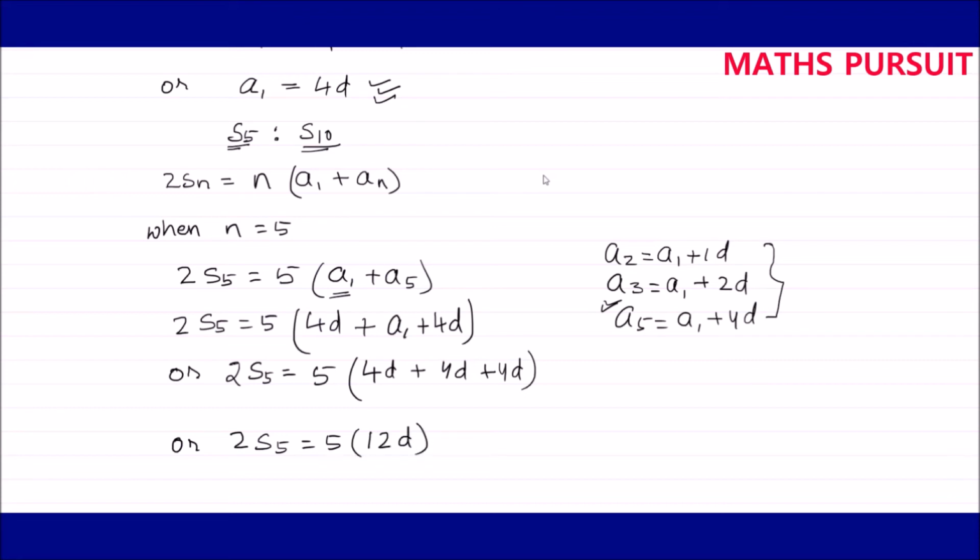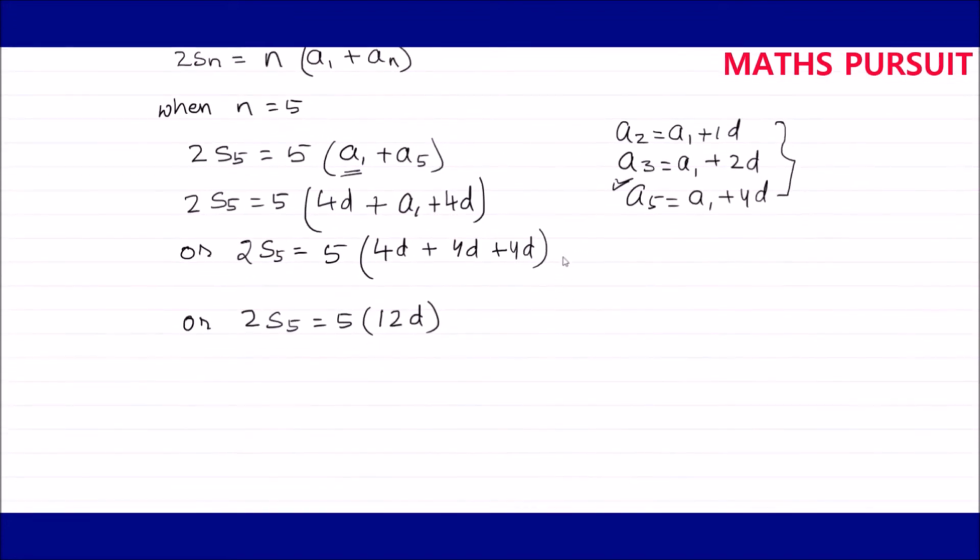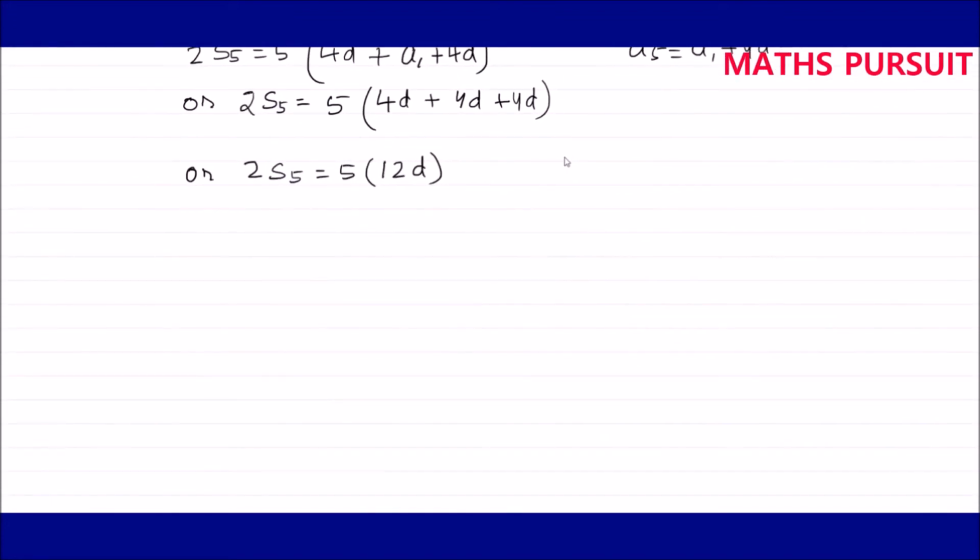I hope we are pretty clear till this point. We got 2S5 is equal to 5 into 12D. Or I can write, let me move this 2 to the right side, S5 is equal to 5 into 12D upon 2, or I can write S5 is equal to 5 into 6D.